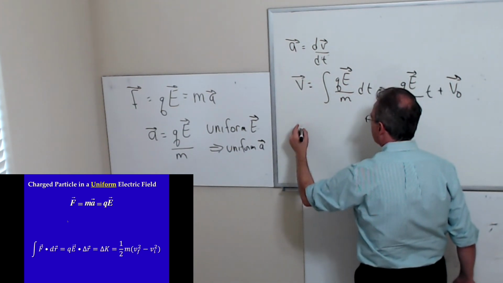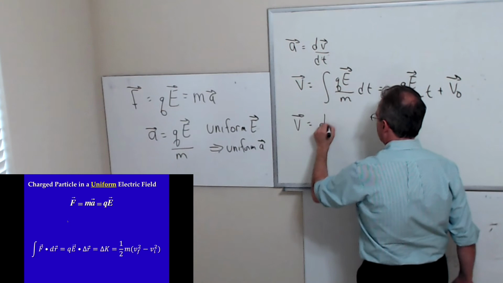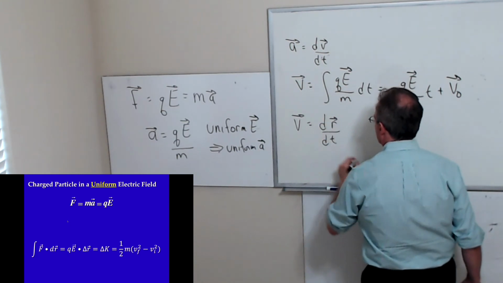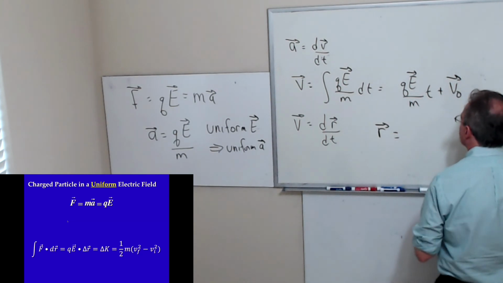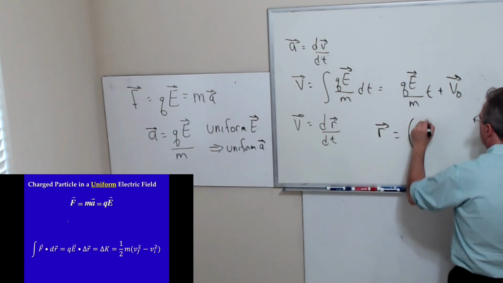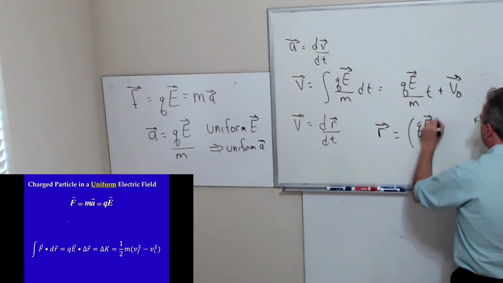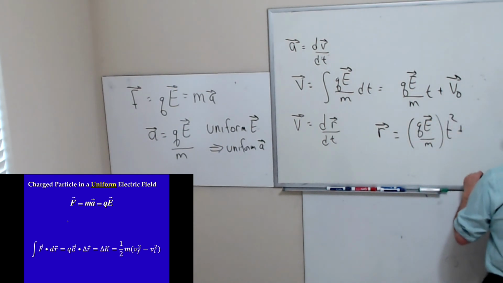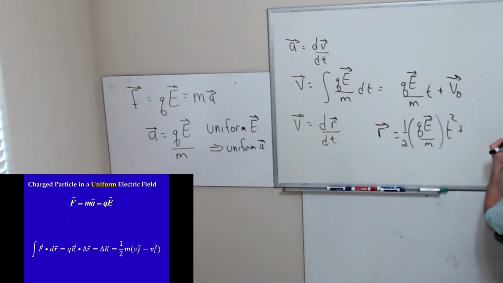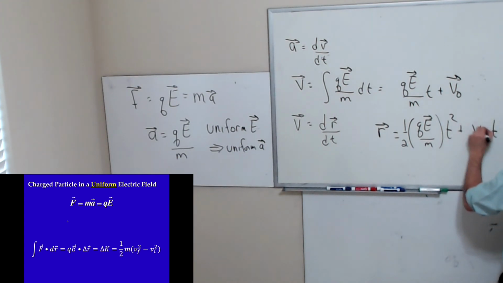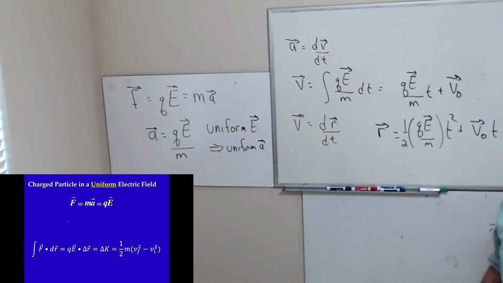And if you integrate again, because v is dr over dt, then r is qE over m t squared, or is that 1/2? You get the same kinematic equations you had in Physics 205, except in 205 this was a g, right?